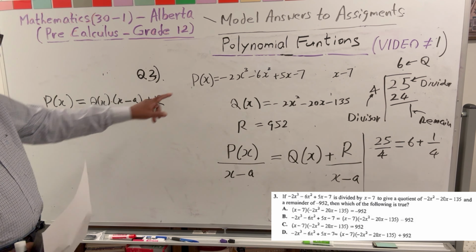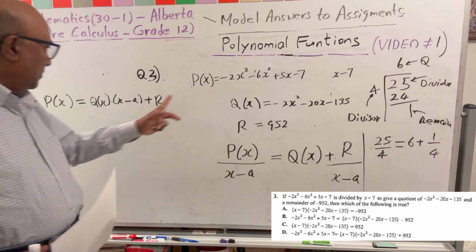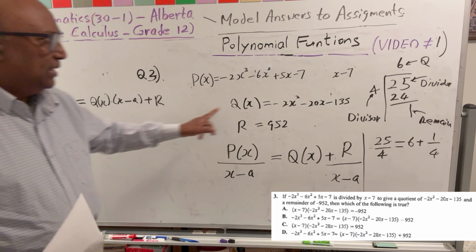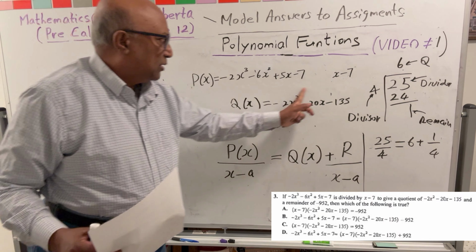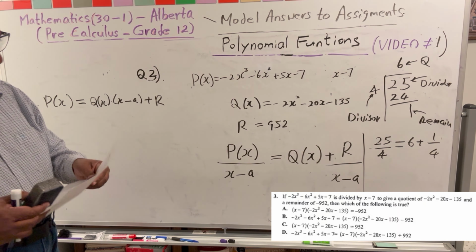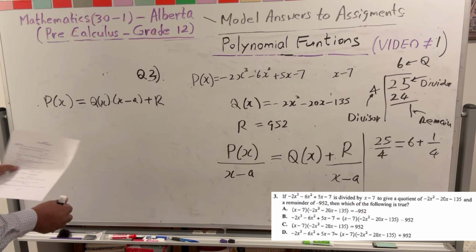P of x should be this total expression. x minus a should be x minus 7. Q of x is this quotient. Then the remainder is minus 952.